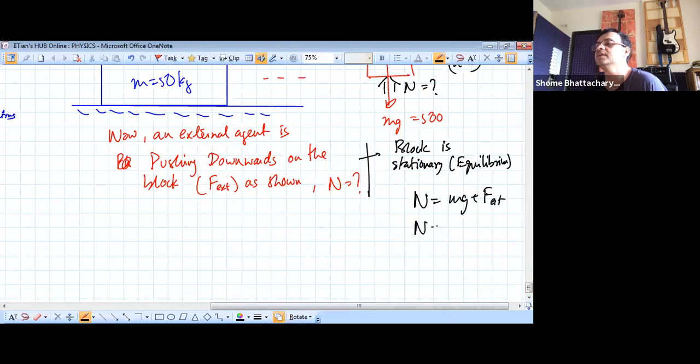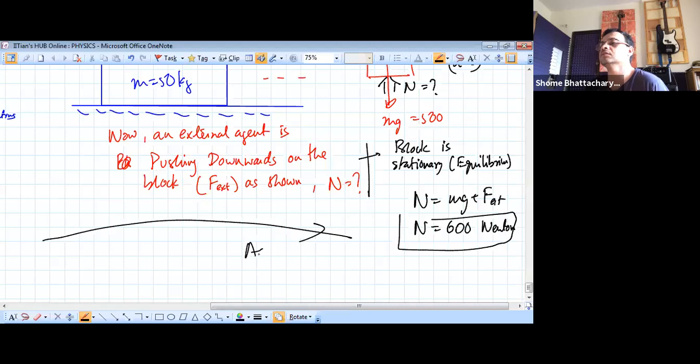You can see normal reaction automatically adjusts. Okay. So from that example, the normal reaction adjusts on application of external force. So that's one example of understanding how normal reaction is a self-adjusting force. It automatically adjusts according to the external situation.